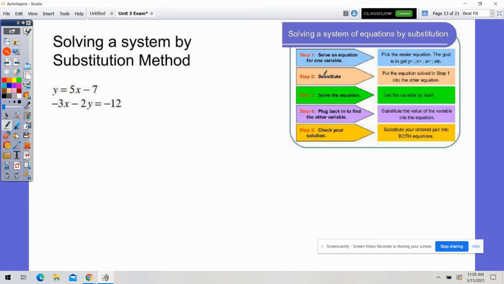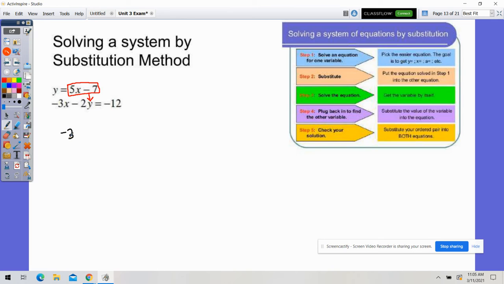So step 2 is to substitute. We're going to put the equation from step 1 into the other equation. So since we know that y equals 5x minus 7, we can substitute 5x minus 7 in for y in the other equation. So let's see what that looks like.